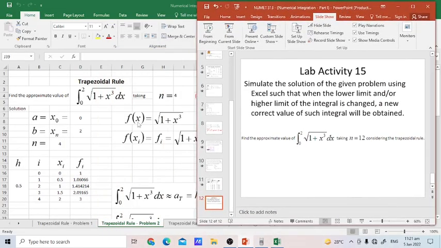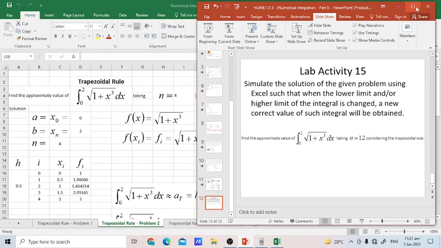What I did here is I considered n equals 4. In your lab activity, you will consider n equals 12. So when I change the lower limit or the higher limit or both, I should still get the correct answer.